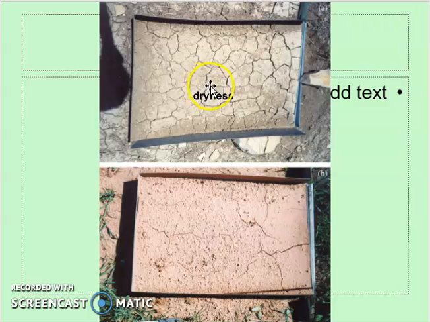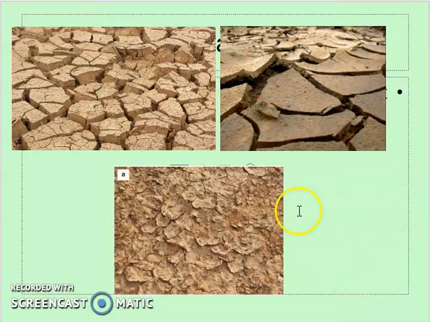When you put the soil to dryness, the crust forms and takes cracks like on the screen. This is the start of crust formation. Here is another photo of a different type of crust formation on calcareous soil under dryness.